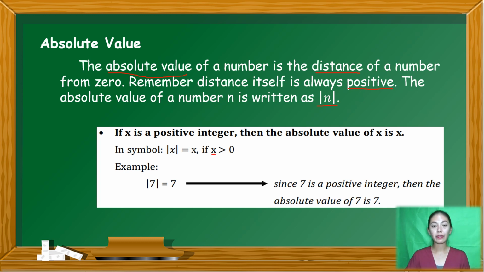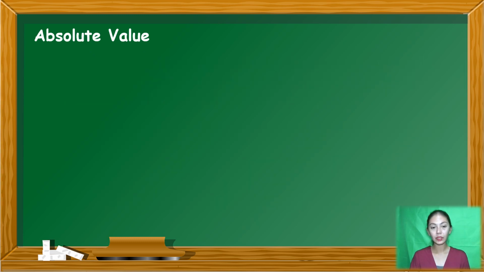These are the positive numbers. For example, the absolute value of 7 is 7, since 7 is a positive integer.